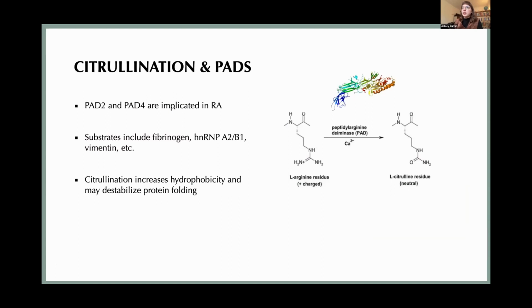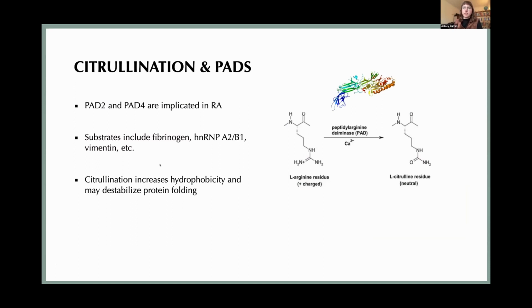So briefly, citrullination is the conversion of positively charged arginine residues to neutral citrulline residues by peptidylarginine deaminase enzymes, or PADs. PAD2 and PAD4 specifically, isoforms are implicated in RA. Their substrates include common RA autoantigens such as fibrinogen, hnRNP A2/B1, and vimentin.